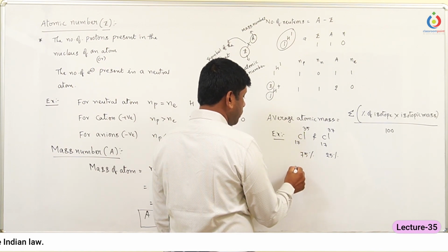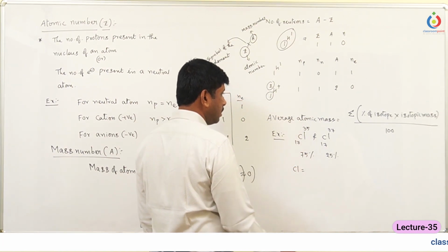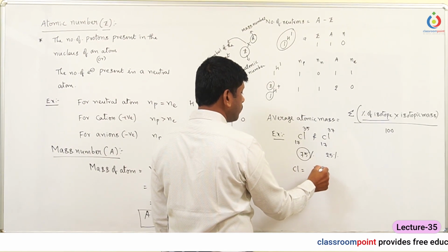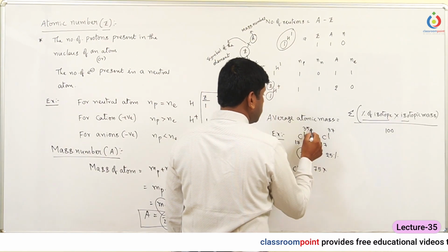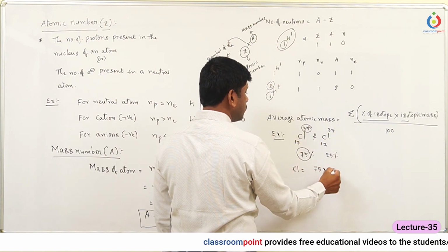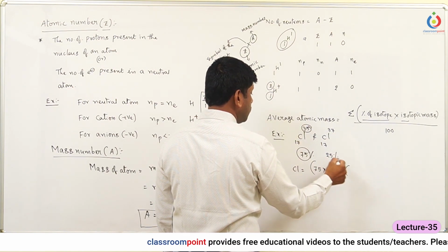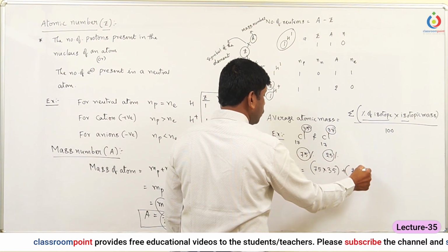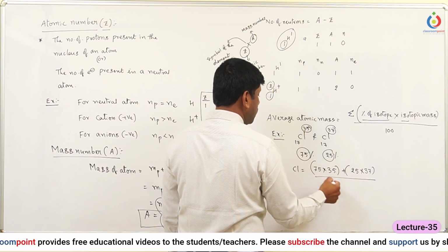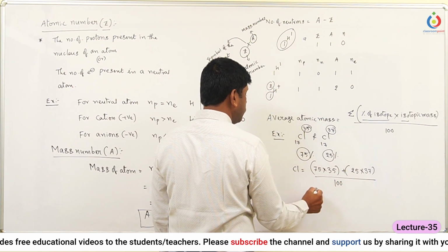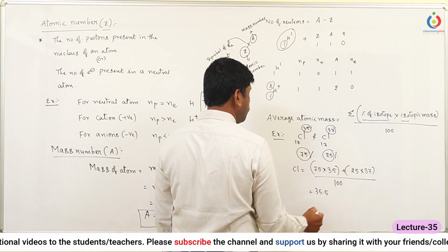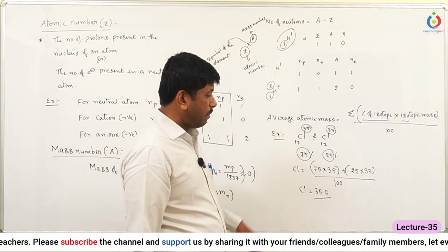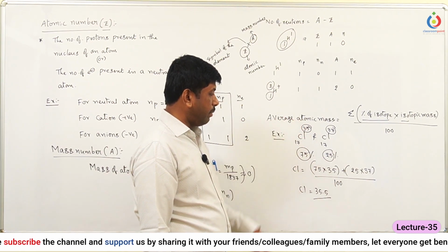Then the average atomic mass of chlorine can be calculated as: percentage of the isotope, this is 75, times isotopic mass, this is 35, plus percentage of the next isotope, 25, times its isotopic mass, 37, divided by 100. This gives 35.5.